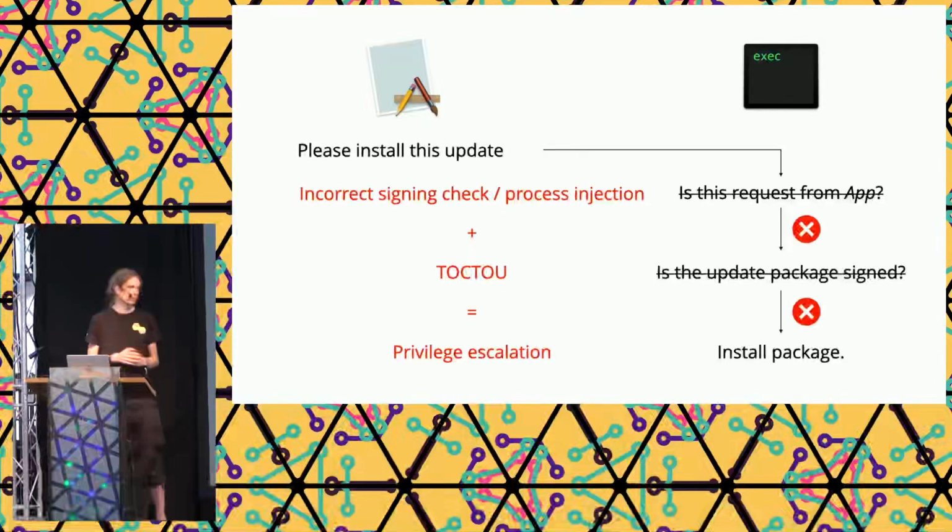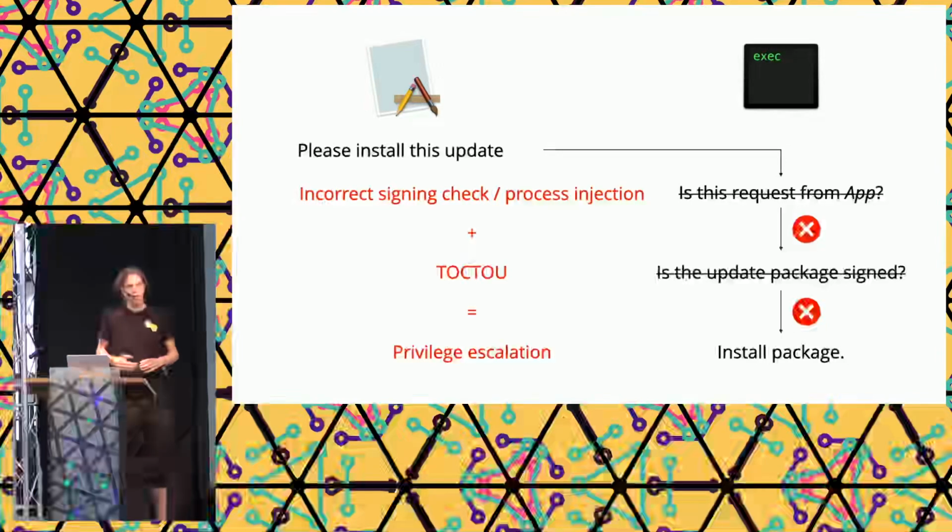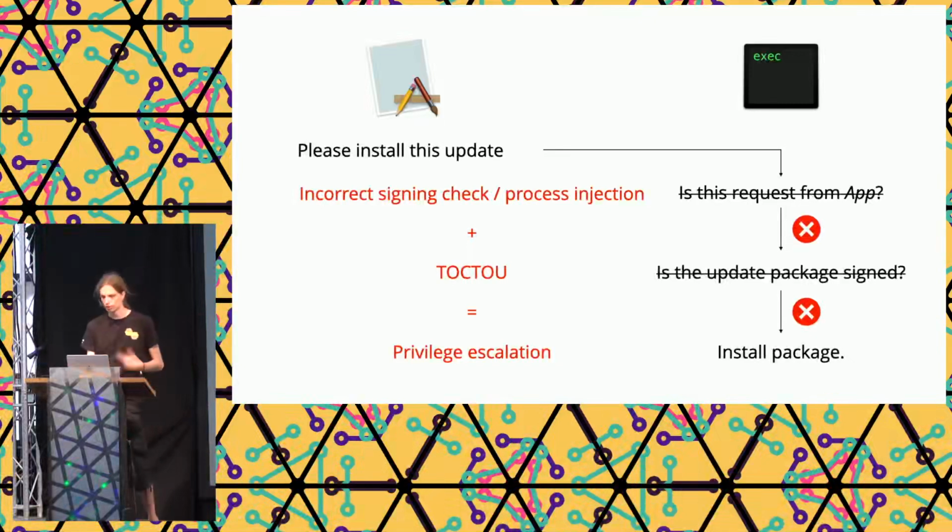Basically, it checks the signature, but then before it actually uses the installation package, it is changed. So it checks something first, it's correct, and then before it installs it, it was modified. And if both of those things go wrong, then you often have a way to gain privilege escalation, because you can install a package, which usually means that you can also elevate privileges to root.